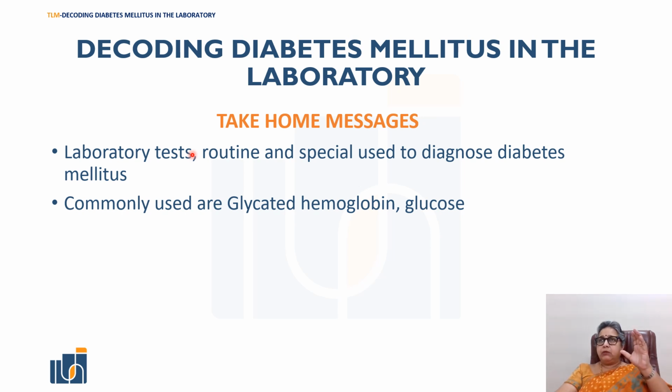We've seen here the more routine tests that are used to diagnose diabetes mellitus, and the two most important among them are the glycated hemoglobin, which needs to be done by NGSP certified methods, and the measurement of glucose either in a fasting state, a postprandial state, or in a random state using either a semi-automated or a fully automated machine, which is of course calibrated and where controls are run regularly, using any of the methods which are acceptable, like either the hexokinase or the glucose oxidase method.